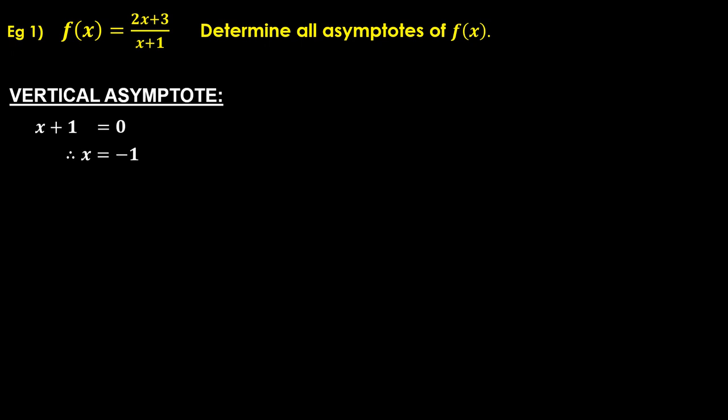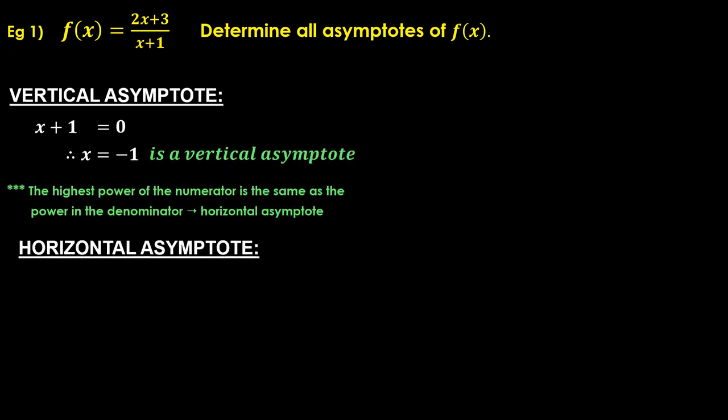Then we need to decide, will there be a horizontal asymptote or an oblique asymptote? Well, the power of the numerator is the same as the power of the denominator, so we will have a horizontal asymptote. And to calculate the horizontal asymptote, we need to figure out what is happening as x tends to infinity on this function.